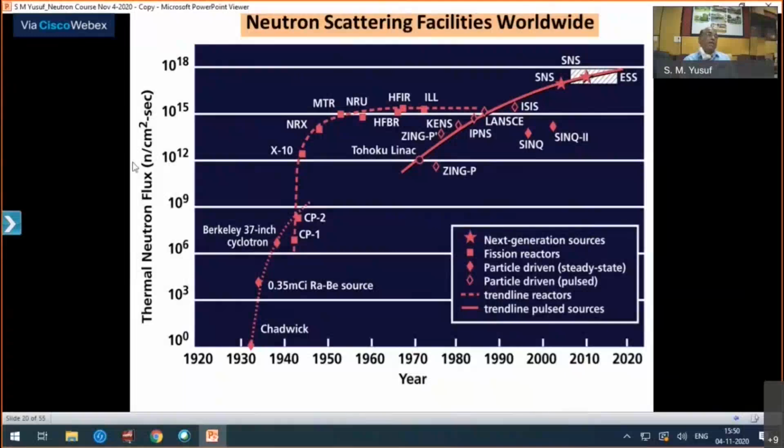Here you must see that these many neutrons, 10 to the power 15 neutrons per square centimeter per second. If you compare this neutron flux with the X-ray photons you get from even a lab-based X-ray source, you can imagine how weak it is compared to X-rays. If you go to a synchrotron, then you get much better X-ray photon flux.